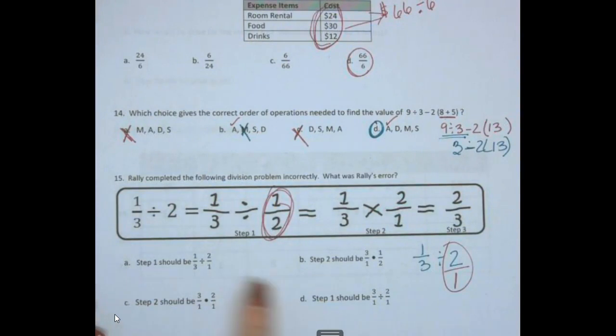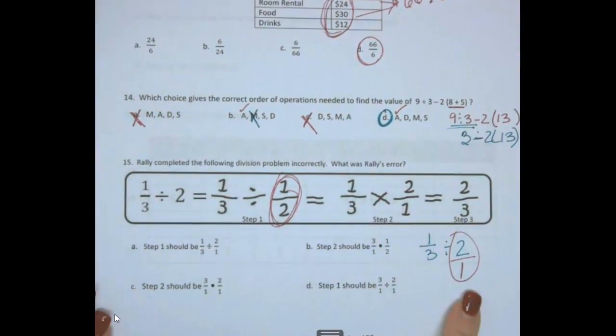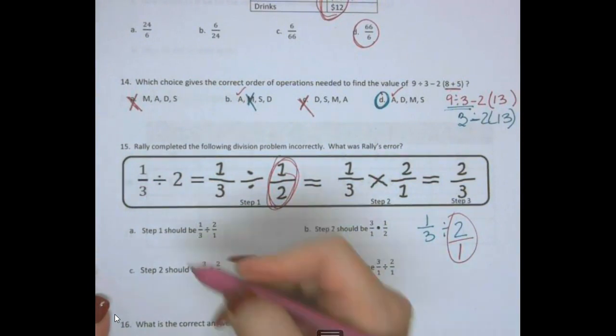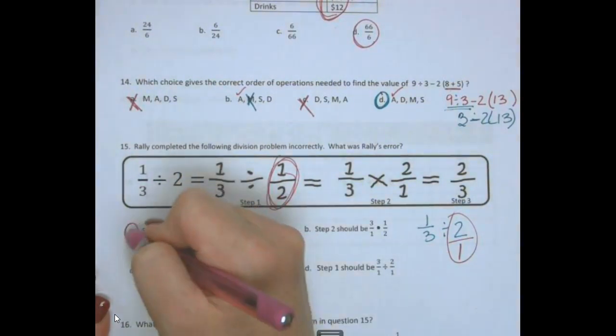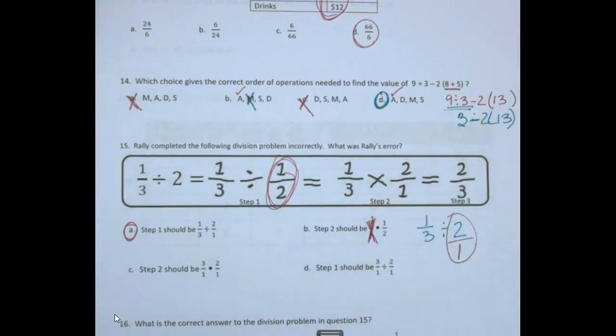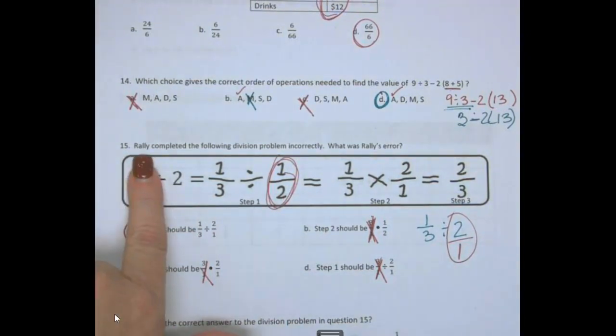So step 1 should be what? Should be A. It should be this because this is 3 over 1. We're not doing anything with 3 over 1. We don't flip the first one. So now they're asking what to solve this.